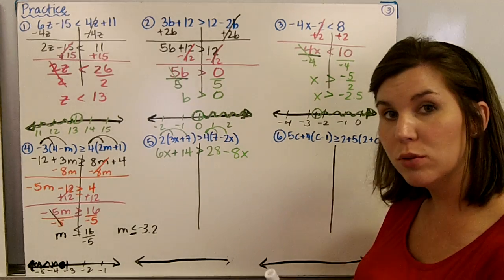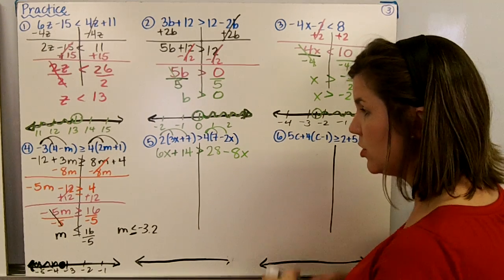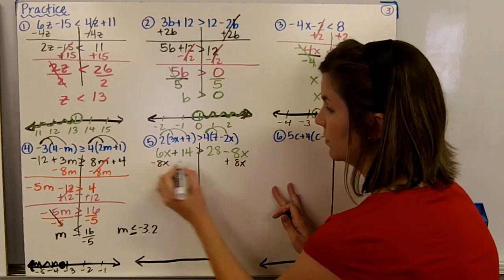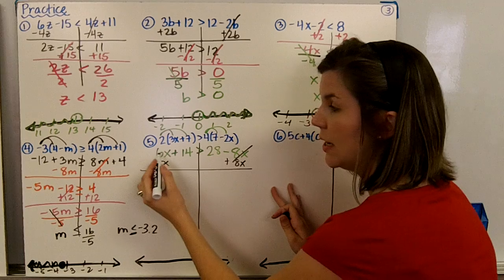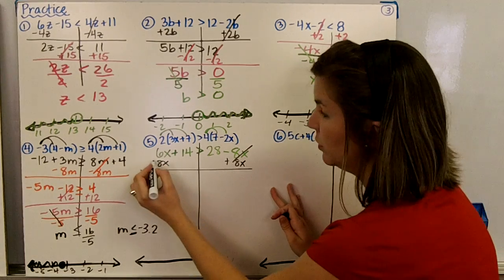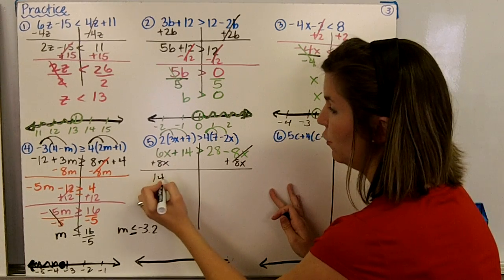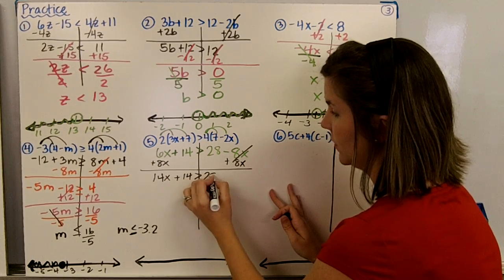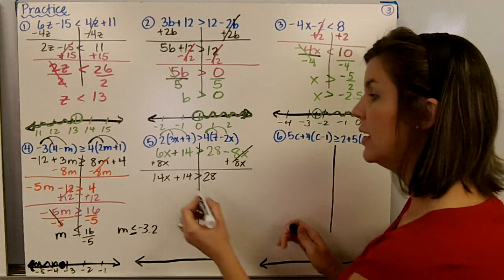Get all of your variables, all of your x's on one side of the equation. Add 8x to both sides. 6x plus 8x is 14x. And I have 28 on the right.